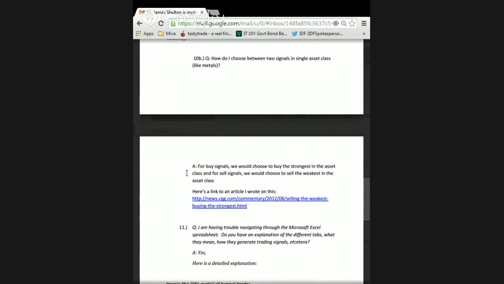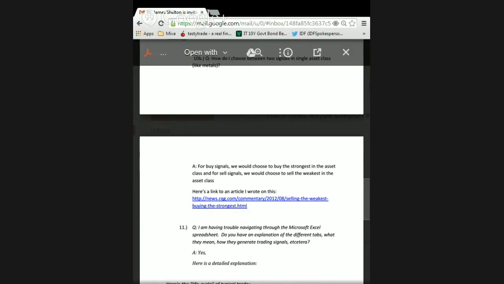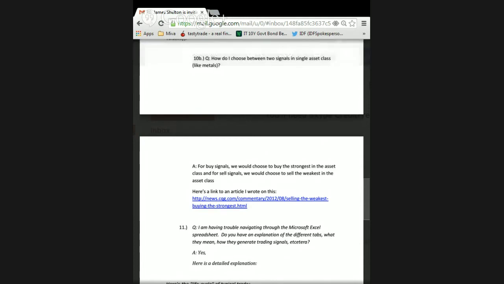And you just hit on this to some extent, but how do I choose between two signals in a single asset class, like metals? Now, the way that I do this in real time, if trading all of them were to result in over-leveraging, I need to make a decision in order not to over-leverage.